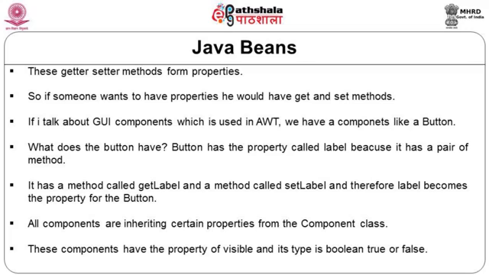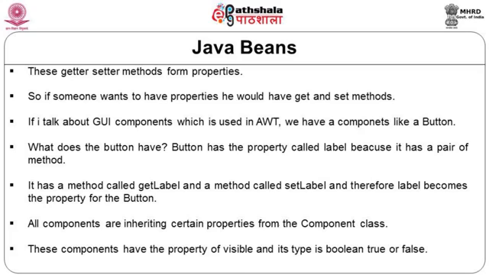Most of the GUI components, in fact all of them, because we have this Component class, inherit certain properties from the Component class. These components have the property visible. Visible is a property. What is the type? Boolean, true or false.